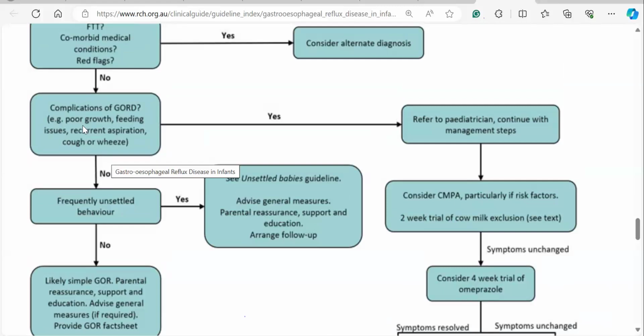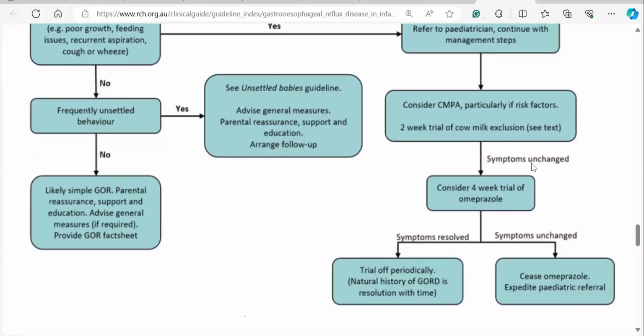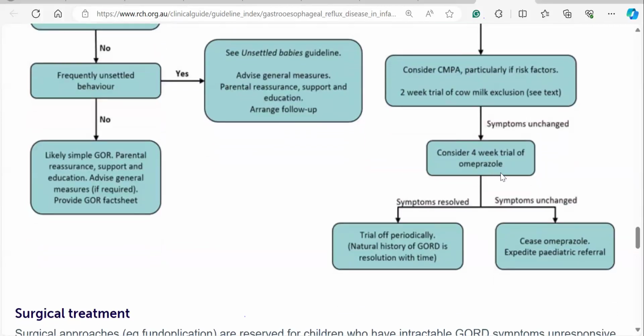But if the child has symptoms of reflux disease, in that case, you will refer the child to a pediatrician, and the pediatrician can do a few steps. First of all, the pediatrician will try to rule out cow's milk protein allergy. So the pediatrician will give a 2-week trial of cow's milk exclusion. Even after that, if the symptom is still unchanged, then the pediatrician can give a 4-week trial of omeprazole.